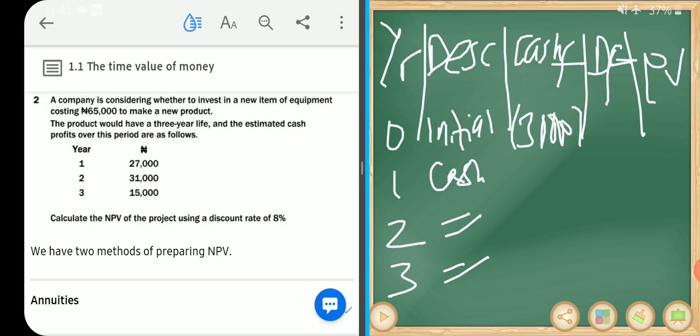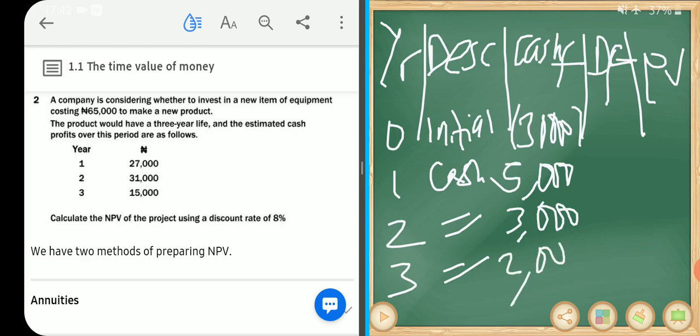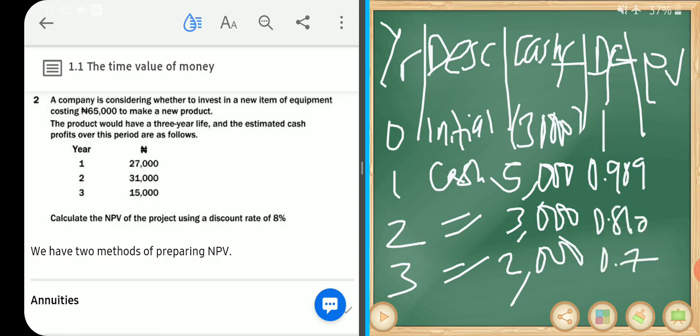Then you have 5,000, 3,000, 2,000. Then your DCF, when you have discounted it, you write your discounted figures here. Year 0 will always be 1, then 0.909, 0.860, and so on, and your present value is this multiplied by this. You get your answer. This is the horizontal method.